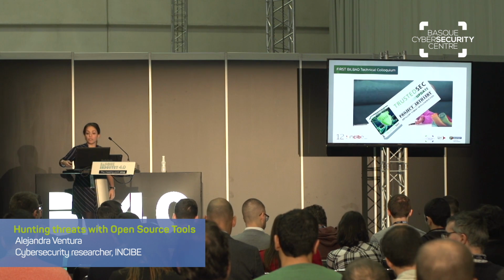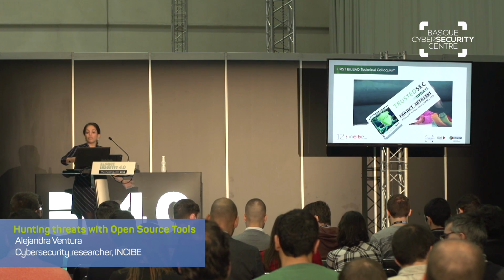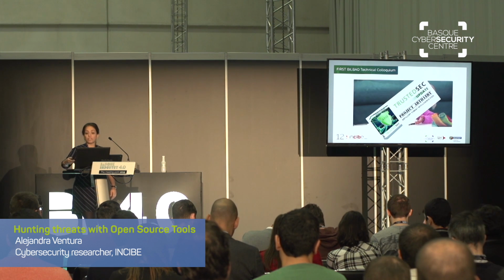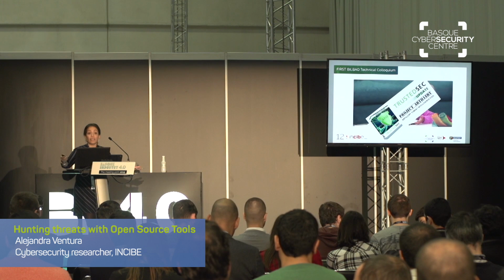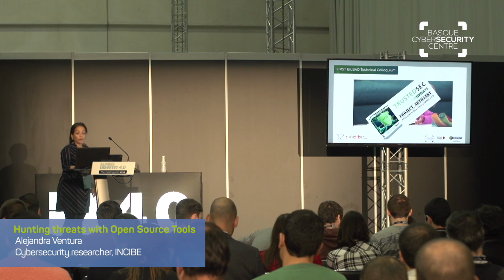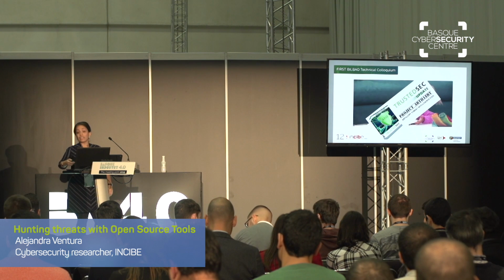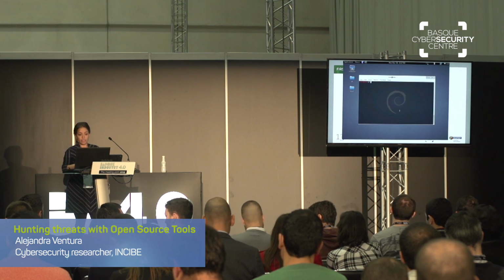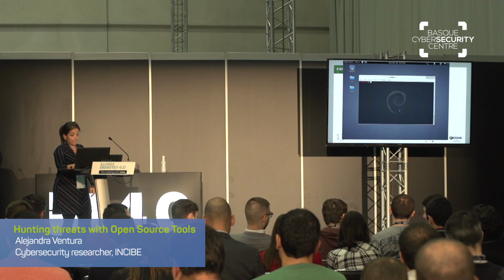For example, we saw that the most attacked service is port 22, for example. So maybe we need a Cowrie honeypot. We can see that it's easy to install.